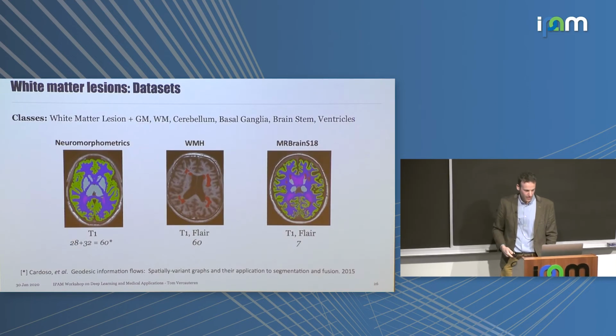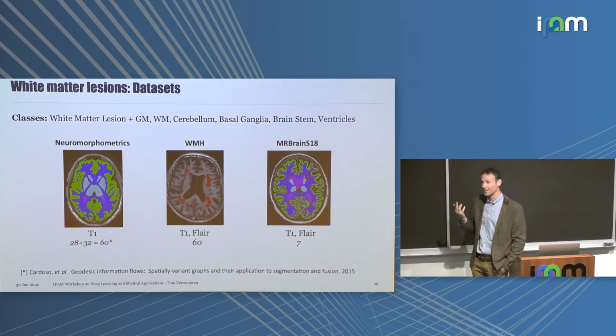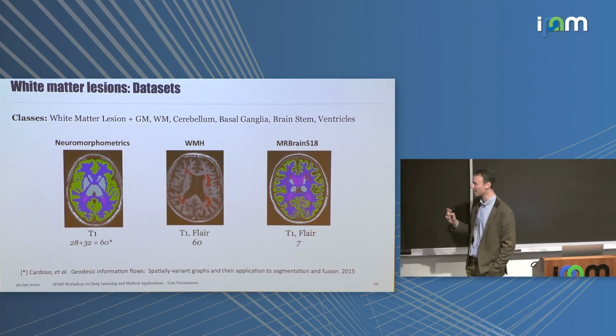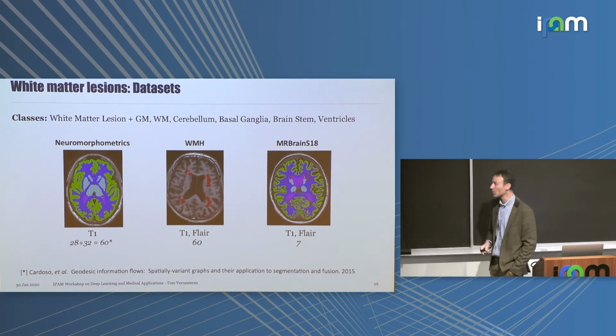Great. And validating this was an issue because I said we don't have ground truth for training. So how do we do that for validation as well? That's tricky. We have access to one unique data set where this is actually available, and we use that for validation. That's the MRBrainS data.